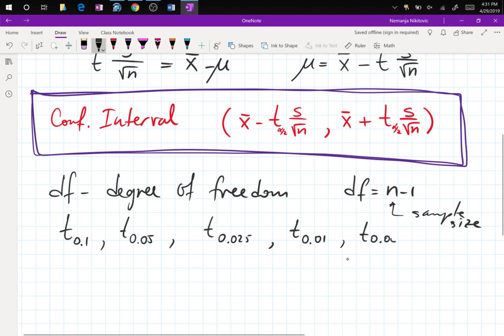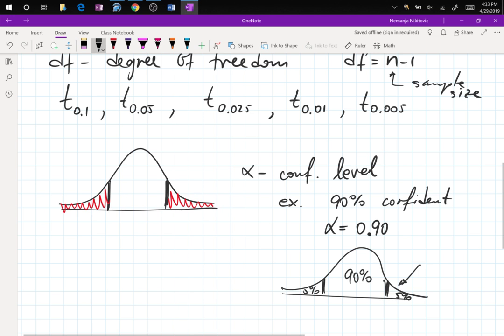Which means that you will be looking for the 5%. Because if your confidence is 90, that means the part in the middle is 90%, and each one of the tails is 5%. So you will be looking for the value T for 0.05. 0.5 is 50%, 0.05 is 5%.